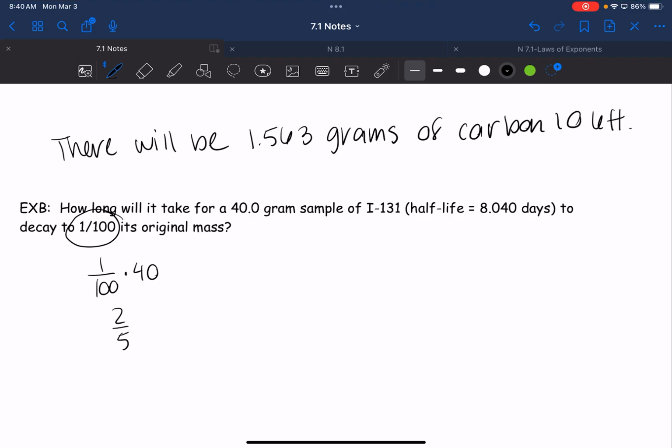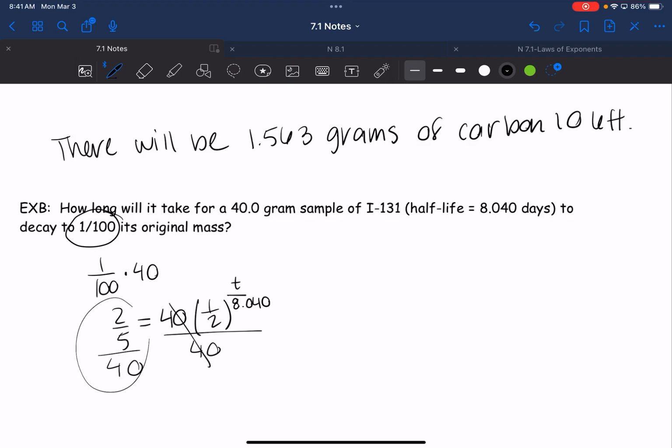Okay. All right, so I'd have 2/5 is equal to the original amount, which we again said was 40, times 1/2. You guys said we don't know T, over half-life, which they said was 8.040. Okay, now I could do exactly what we've done previously, which would be to divide by 40, right?